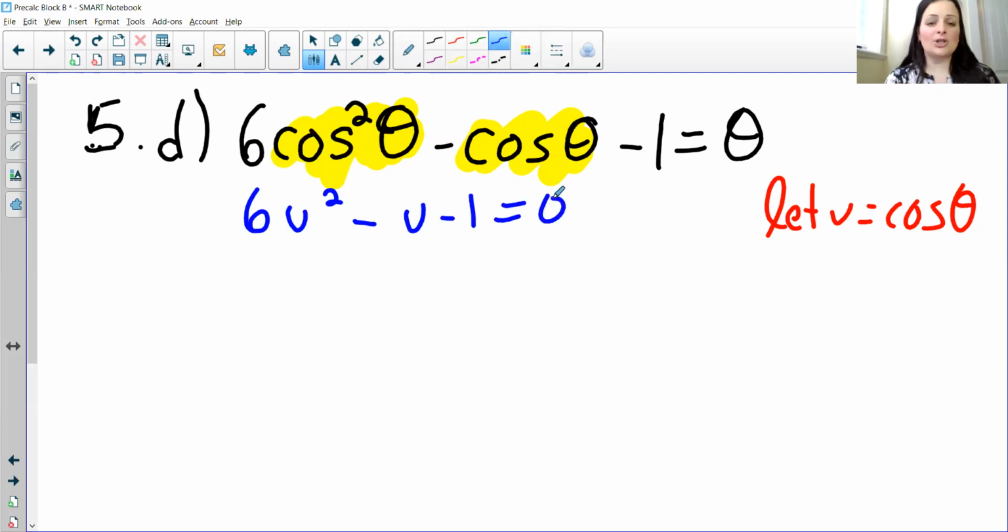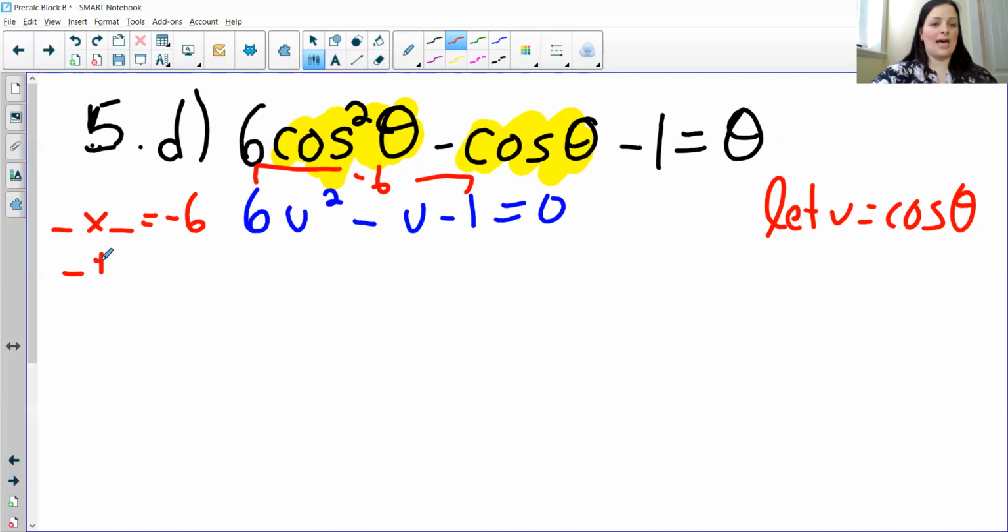So for this trinomial, you have a 6 in the A position, so you cannot just use the product sum method, you have to use decomp or box method. So you're looking for two numbers that multiply to give you -6, and those same two numbers have to add to give you -1.